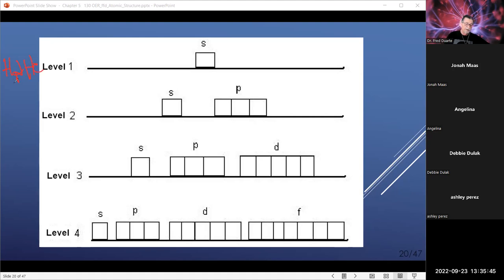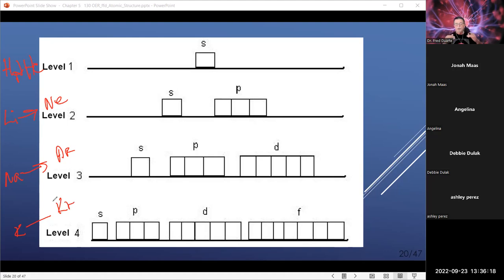Then the level 2 energy level starts at the far left, element number 3, lithium, all the way across to neon. Energy level 3 starts off with sodium and goes across the periodic table to argon. Period 4 starts with potassium and goes all the way across to krypton.